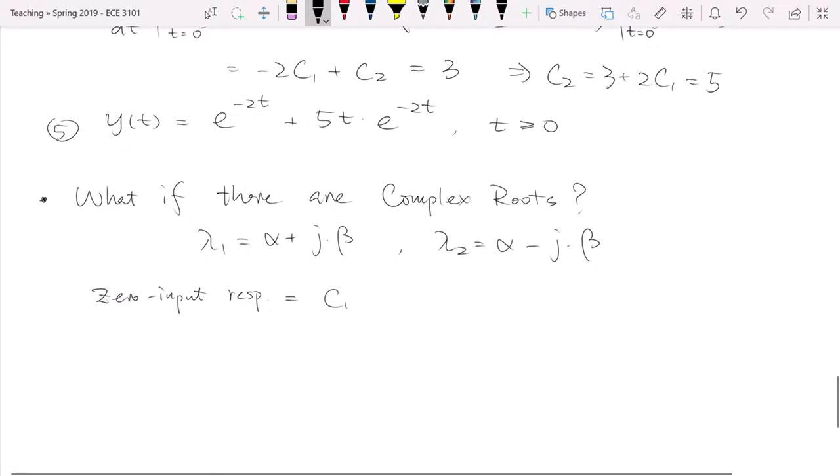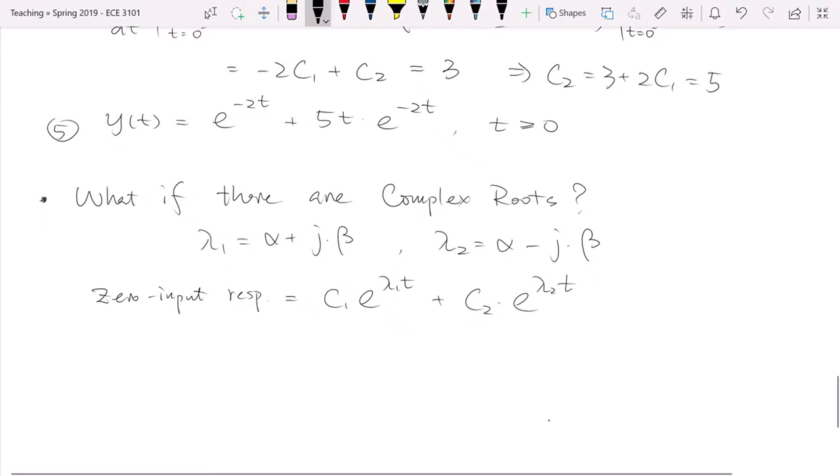They're still different, they're complex, but they're still distinct, so I can still apply the same rationale to put together these two characteristic modes, right? e to the lambda 1 t, e to the lambda 2 t. Only here, this lambda 1 and lambda 2 are complex numbers, but we have discussed in chapter 1 how we deal with exponential signals where the exponent lambda or alpha or a is a complex number.